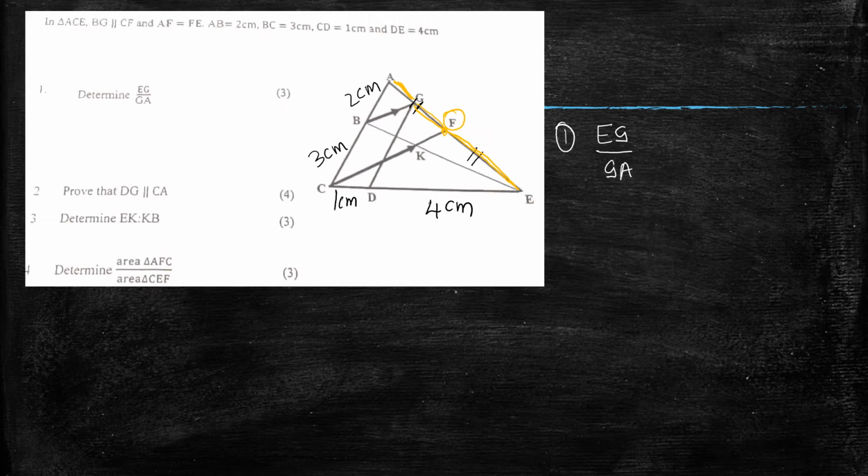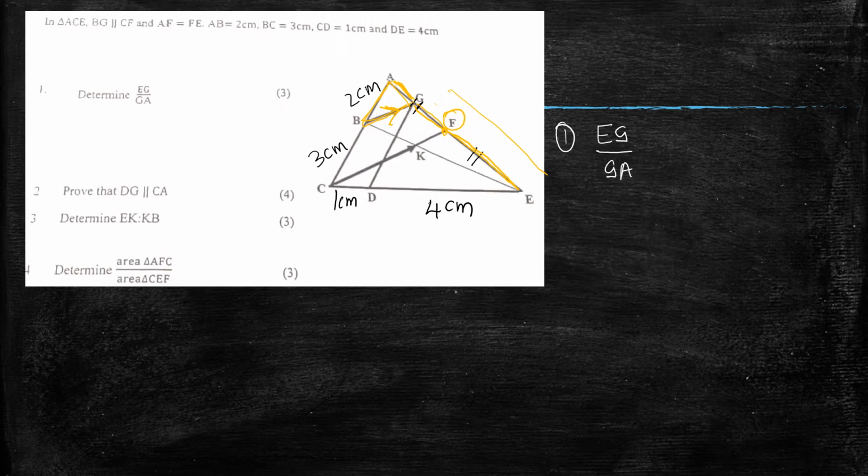Okay, so what do we do in this case? Can you see that in this case we can't really go and get EG over GA at the same time, because if you check EG over GA, you can't say they're found on that triangle. Okay, can you see AG? It's in this triangle which has a parallel line there, but there's no other side. Like for GE, this line is not parallel to that, therefore we can't just get it straightforward.